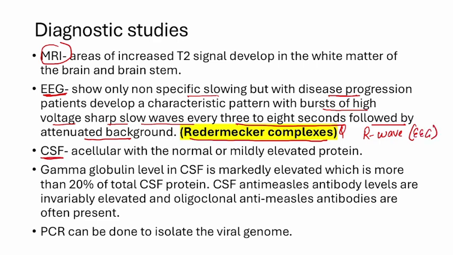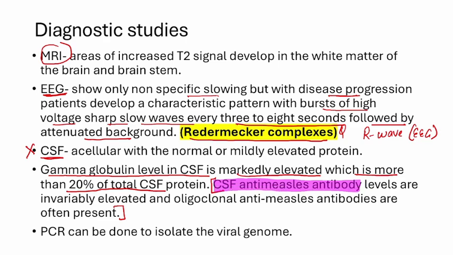CSF is acellular, normal. Well, CSF is not diagnostic. We see gamma globulin level in CSF which is markedly elevated, which is more than 20% of total CSF protein. And CSF anti-measles antibody is very important because it helps in making the diagnosis.